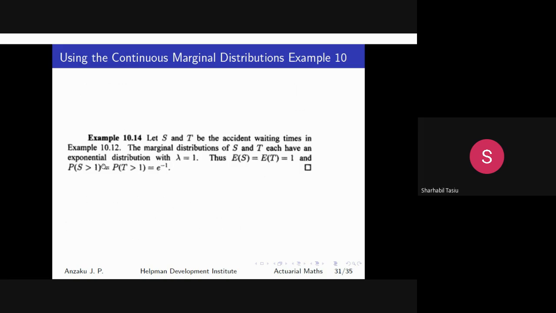It's discrete, that's why it was Poisson. Now it's continuous, so it becomes exponential. Thus, the expectation of S is equal to the expectation of T, which is equal to 1. And then the probability of S greater than 1 is equal to the probability of T greater than 1, which is e to the power of minus 1, as calculated.